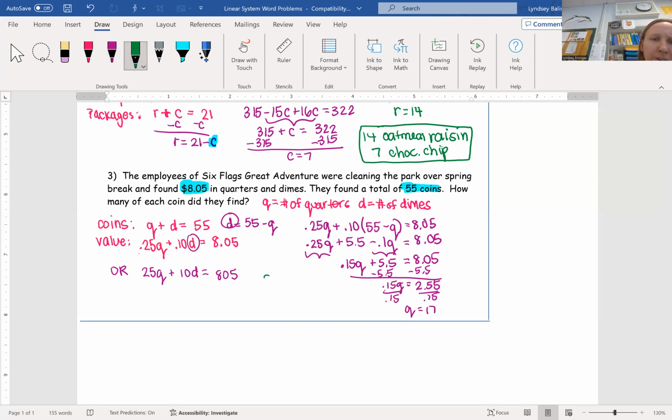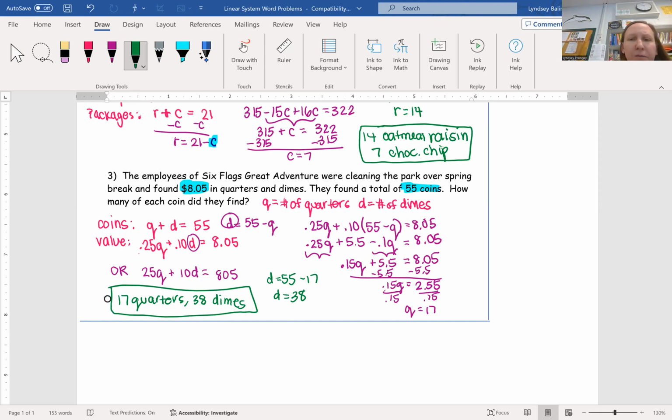And since D is going to equal 55, which is the total, minus 17, we get D is 38, which means the final answer is 17 quarters and 38 dimes. And that is how you set up and solve systems for word problems.